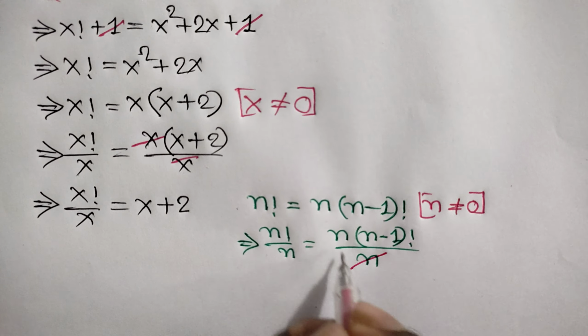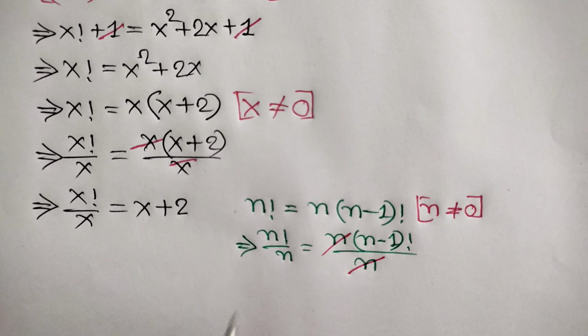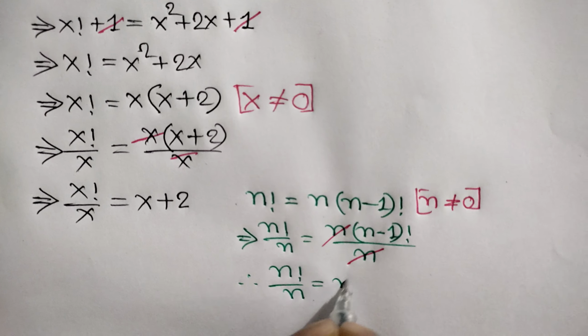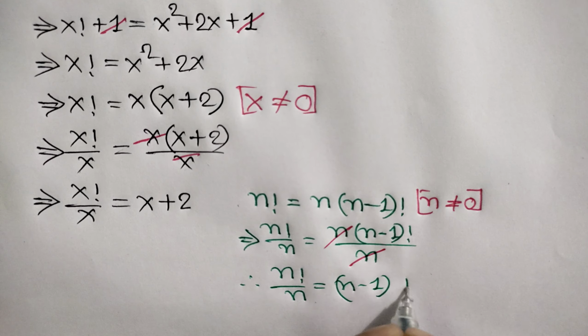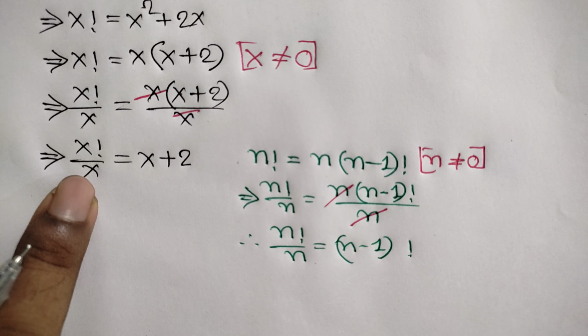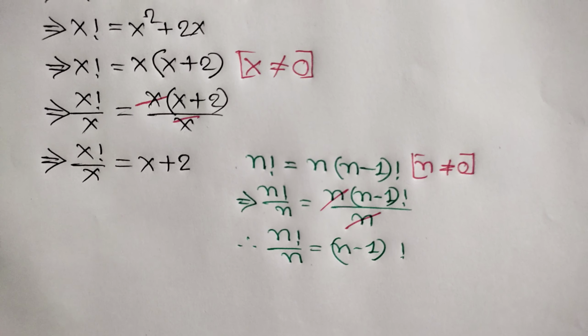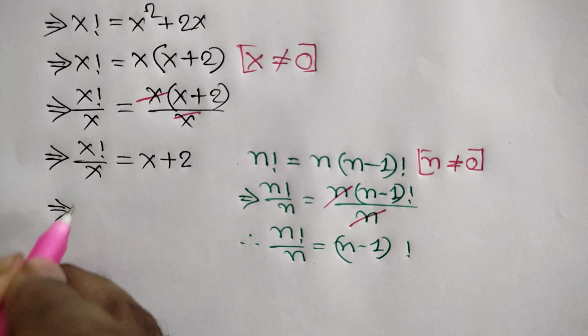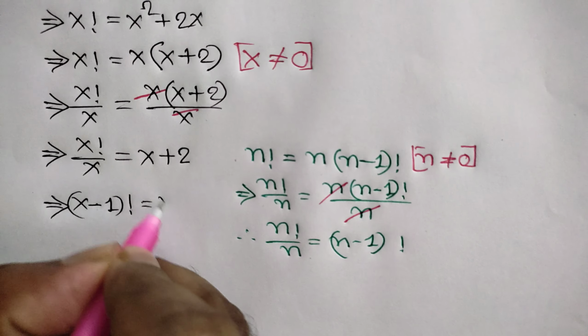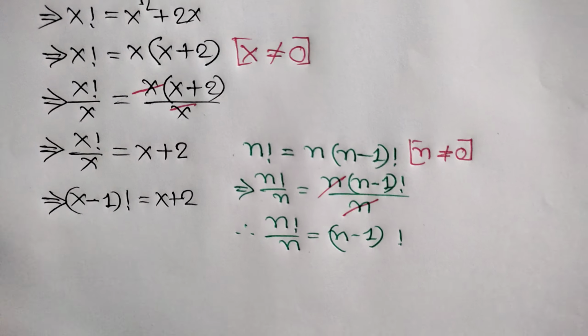Now this n cancels out this n, so we will get n factorial over n is equal to n minus 1 factorial. So here we can write x minus 1 factorial. Or x minus 1 factorial is equal to x plus 2.